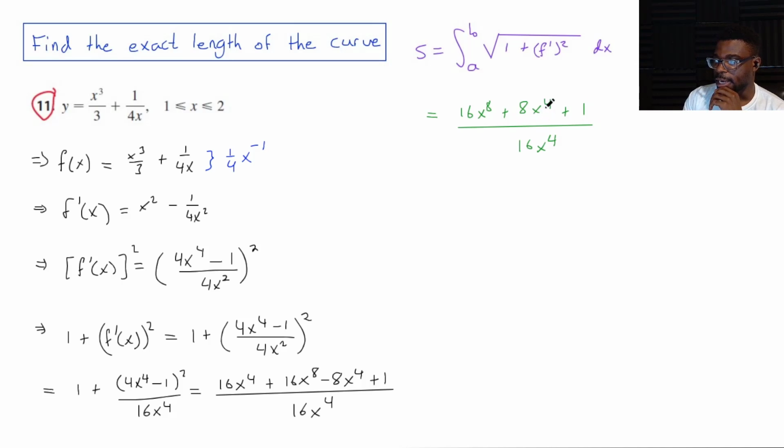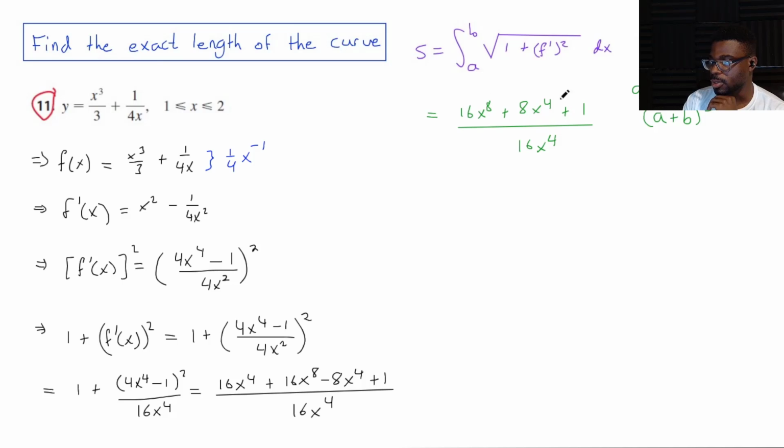And the 8x to the power of 4 is just 2 times 4 times x to the power of 4, right? So this looks like a squared plus 2ab plus b squared, right? So we can actually simplify this out to be (a plus b) squared.